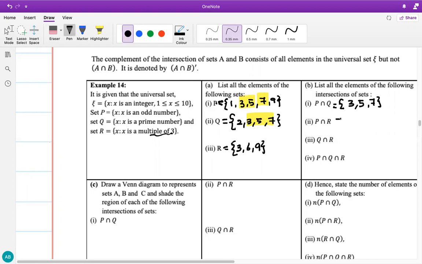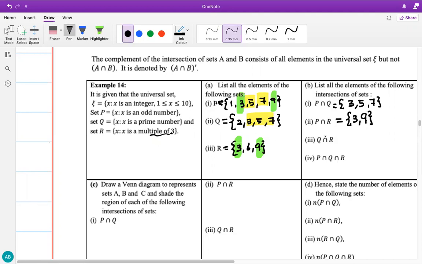Now for P intersect R, you look at P and R. What are the common elements between P and R? You can see here 3 and 9. So therefore, P intersect R has the elements 3 and 9.